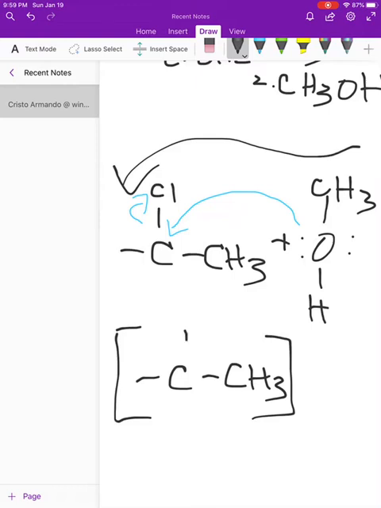CH3. And now we have the oxygen here with the methyl group and with the hydrogen.